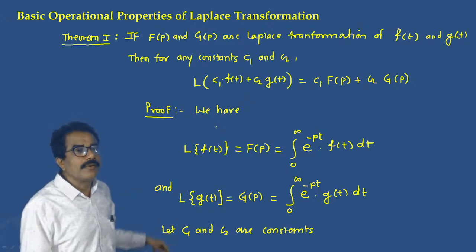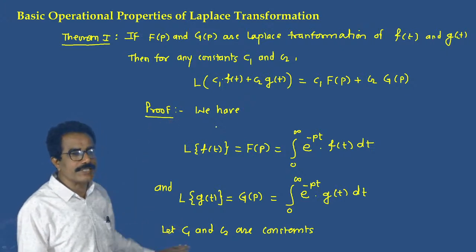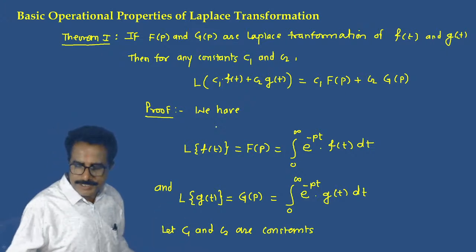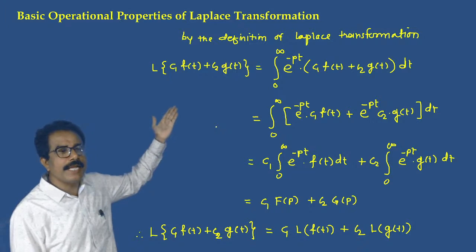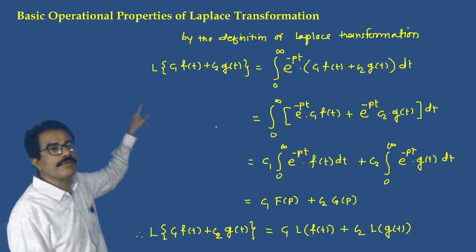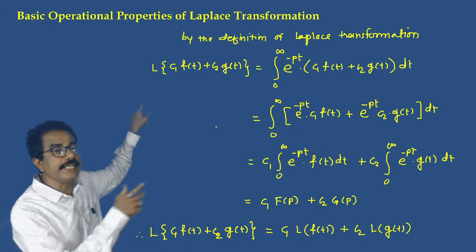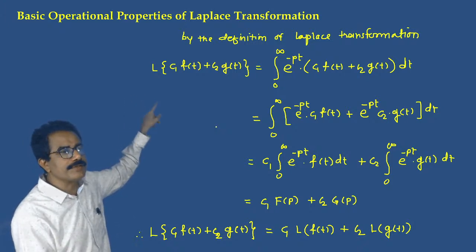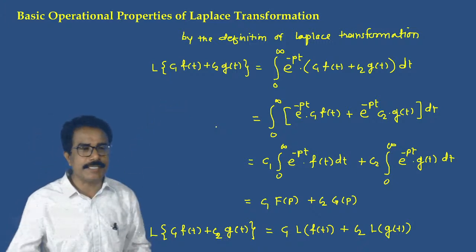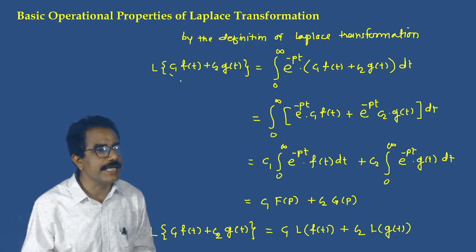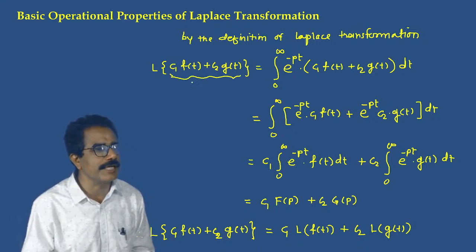Now we have the constants c1 and c2. By the definition of the Laplace transformation, our aim is to find the Laplace transformation of this linear combination, L of c1 into f of t plus c2 into g of t. Consider this total function as f of t.